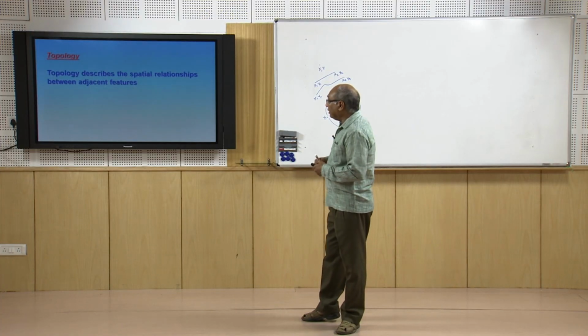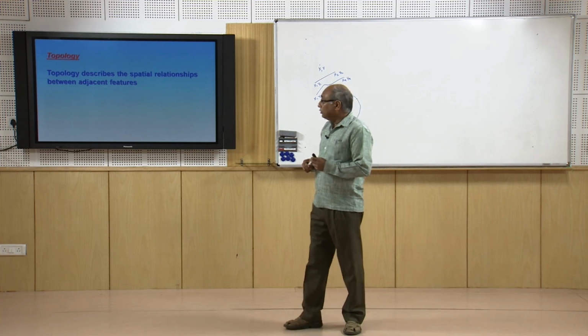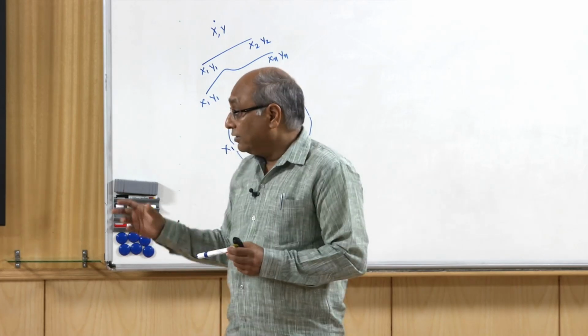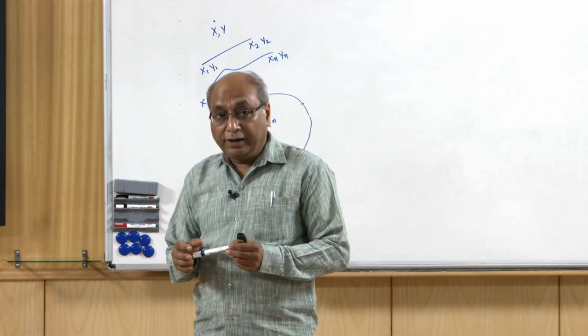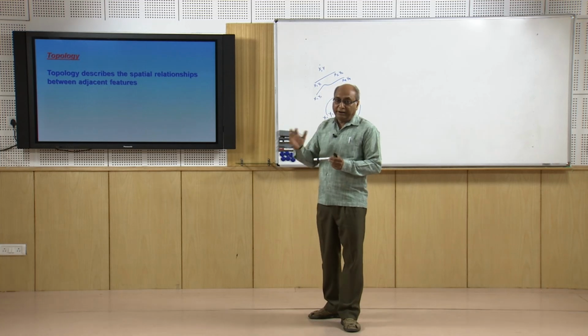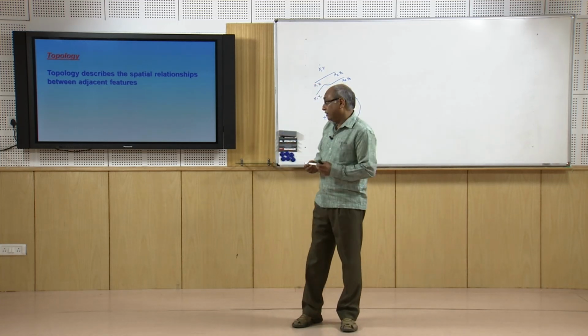Now another topic which I want to touch upon here is topology, which is associated with vector data sets, and that is why I thought I will discuss this first rather than going for the different types of raster, advantages and disadvantages of raster and vector, and later on we will discuss TIN as well.